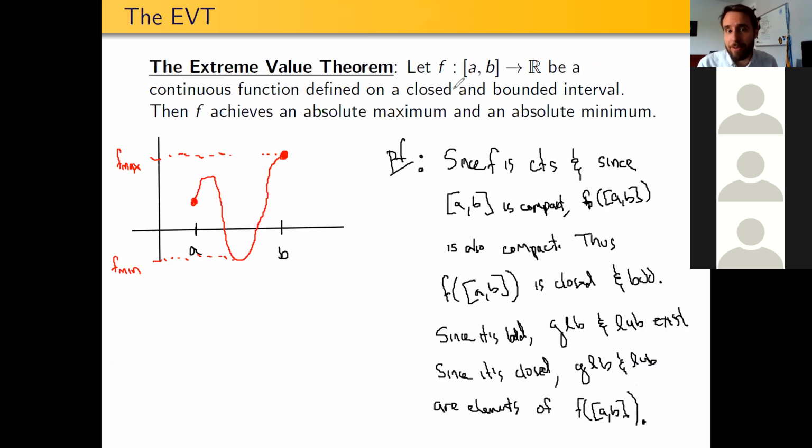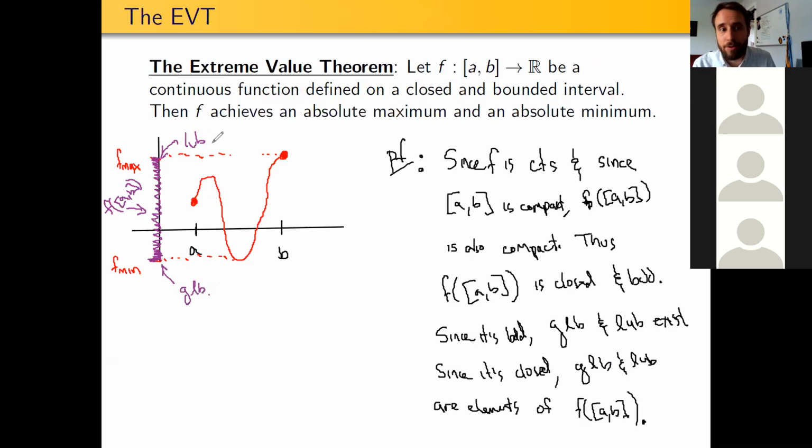So to see that in an image, if the set from a to b was our first compact set, then f of a to b, the image, is all of this region here in the codomain. It is itself a compact set, so it is closed and bounded. And because it's closed and bounded, it has a least upper bound, right there, and a greatest lower bound, right there.